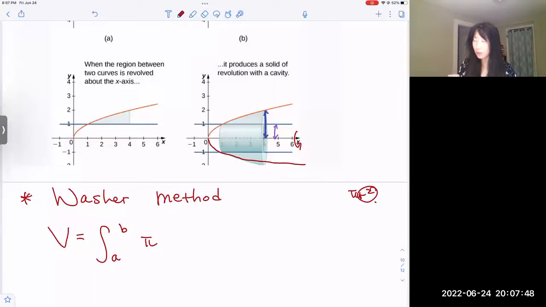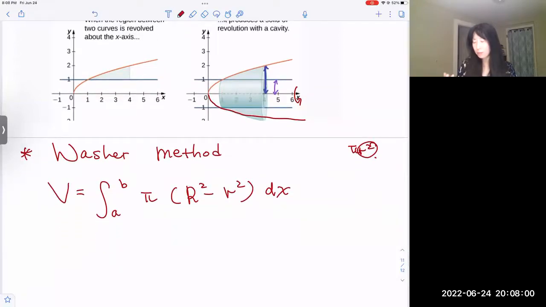So in this case, we're gonna do, whatever the upper one will be. Is that R squared minus r squared, or what is that? Yes, I'm gonna make a function notation.